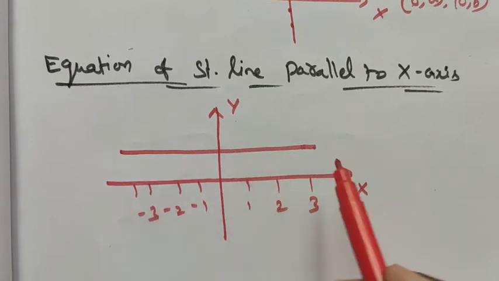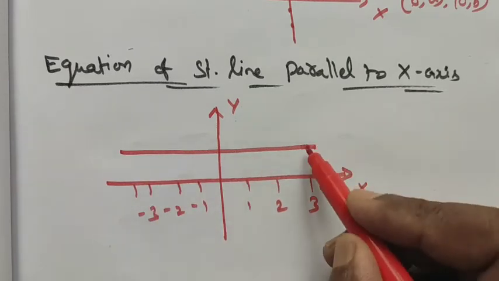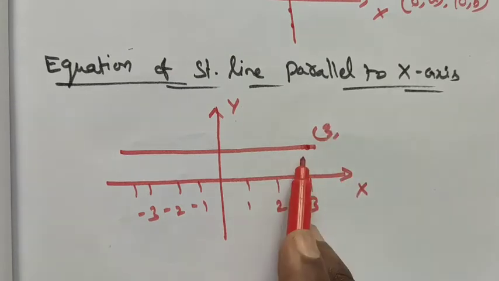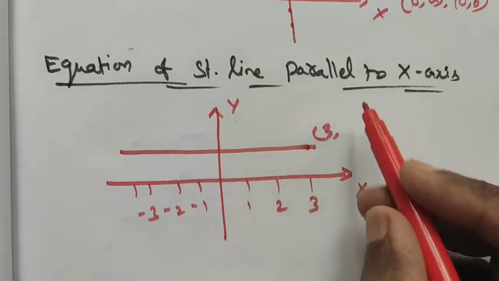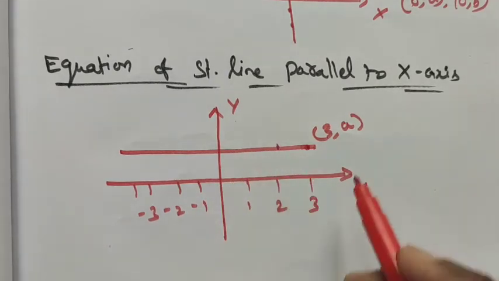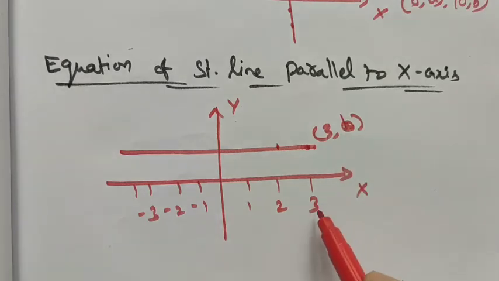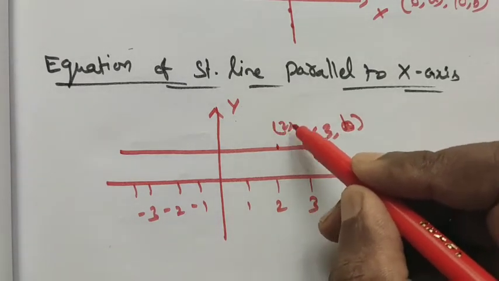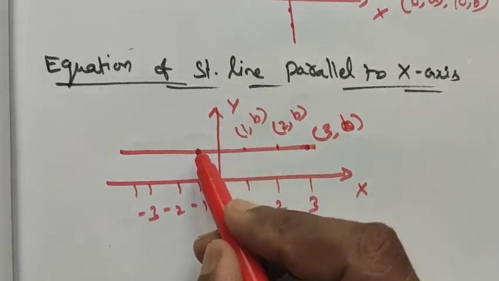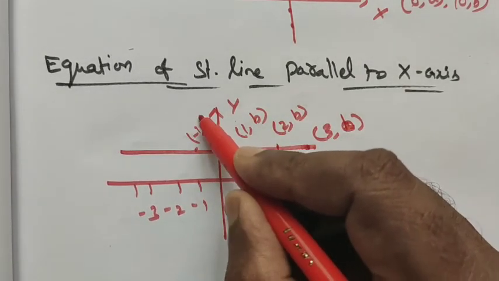Suppose you don't know the points, you take y is equal to b. Here 2 comma b, here 1 comma b, here minus 1 comma b.